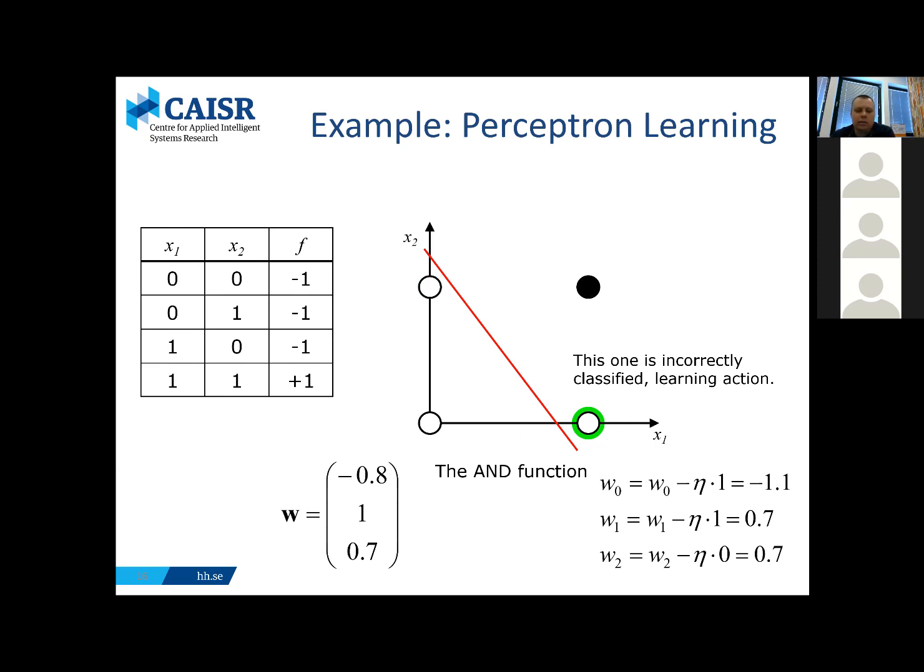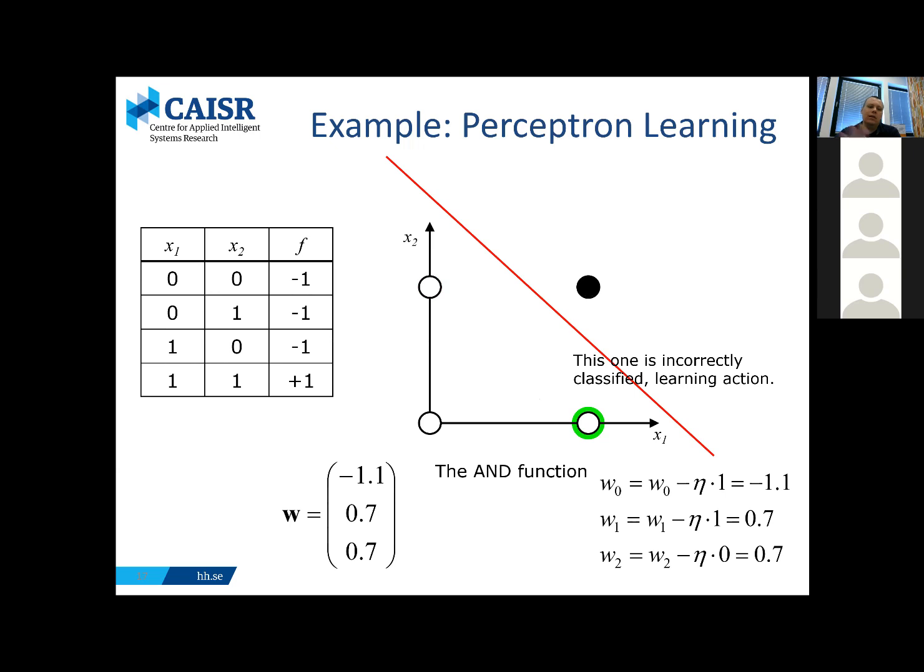Again, incorrectly classified, so we need to do an update. Okay, so again, for every weight, we take the current value of the weight, we multiply the corresponding input by the learning rate, and we get new weights. So after this step, our neuron will look like this: -1.1, 0.7, 0.7. So this is the red line, which is now the decision boundary for this neuron.